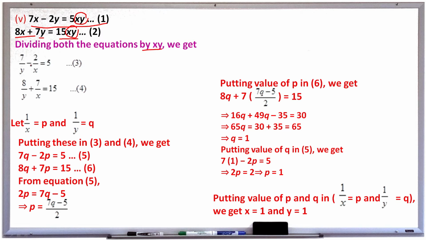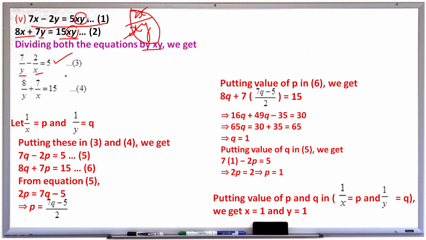So if you divide by xy, it will become 7x divided by xy. So x will get cancelled, and the equation will become 7 by y.